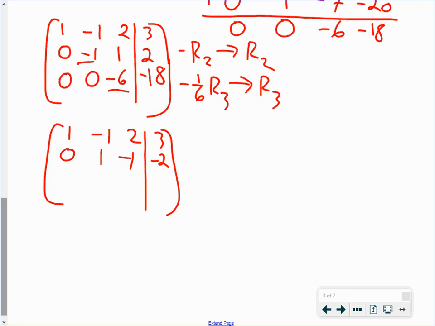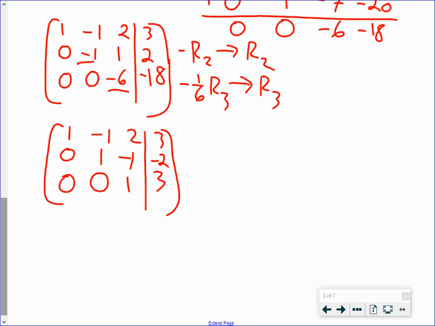We're going to multiply the third row by -1/6. 0 times -1/6 is still 0, so our first entries are 0. -6 times -1/6 gives us a +1. And -1/6 times -18 gives us a +3. So we have our diagonal. Our diagonal is all 1s. Our bottom left corner is all 0s.